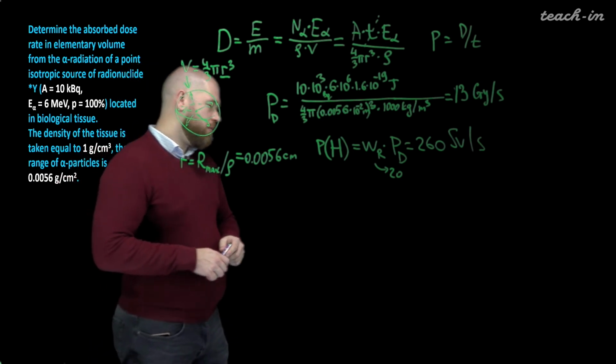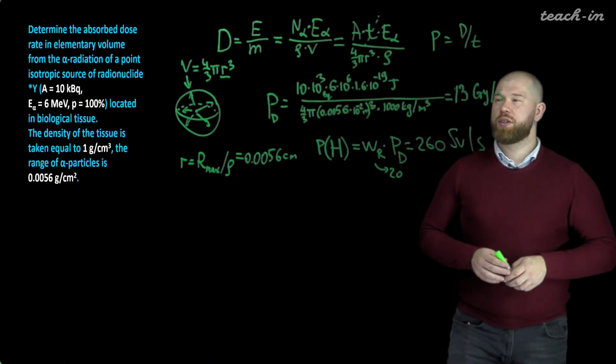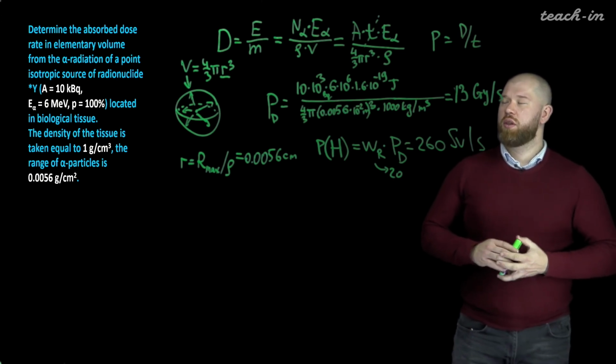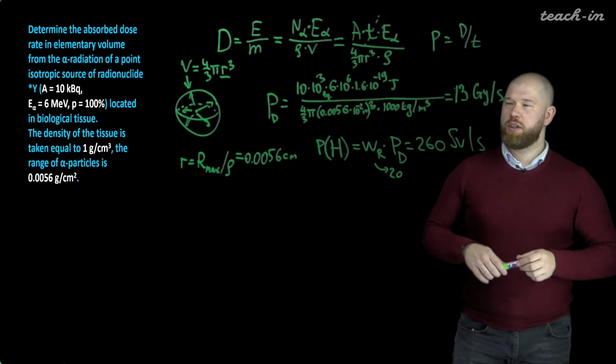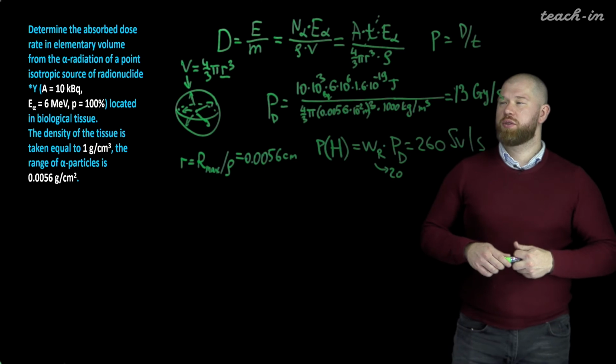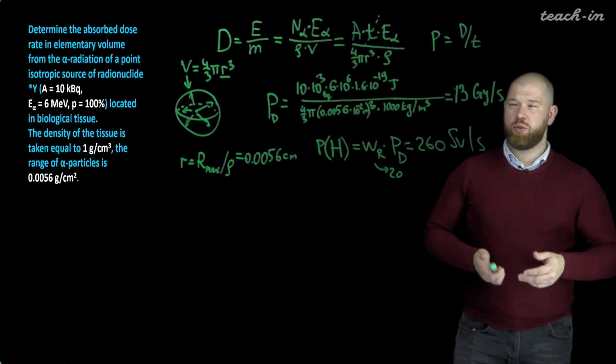So from these calculations, you can see how dangerous and hazardous it is to have alpha emitters inside the human body, because locally it creates a very high dose rate.